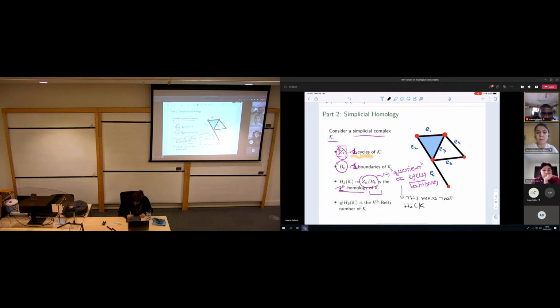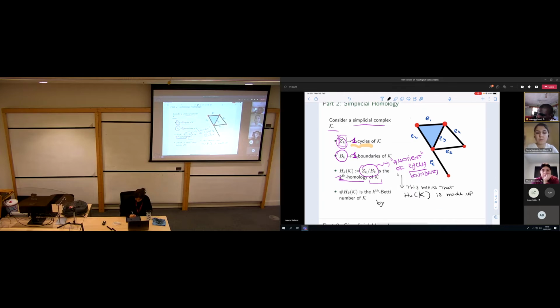H_K, the kth homology of K, is made up by all the K cycles where I count K cycles mod boundary.